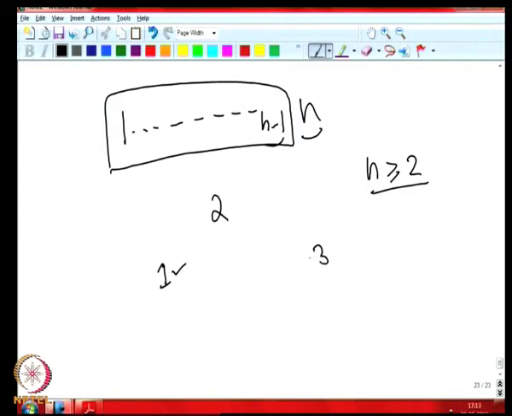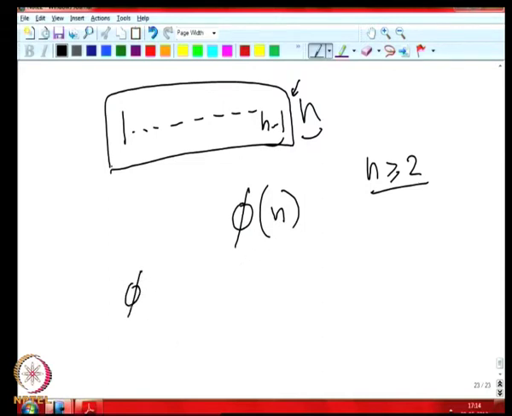For this number of numbers from 1 to n minus 1 which are relatively prime to n, or we can even say up to n, because n anyway is not going to be relatively prime, that is denoted by phi of n. This is Euler's phi function, right.